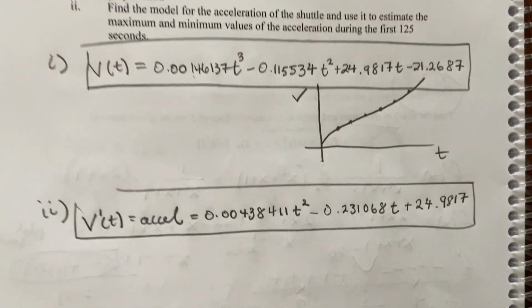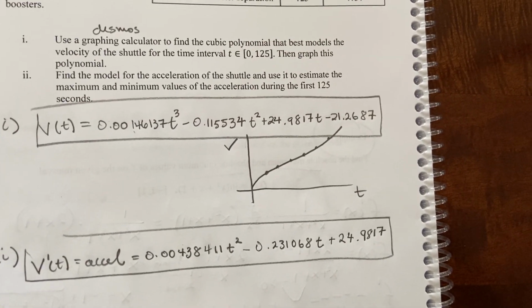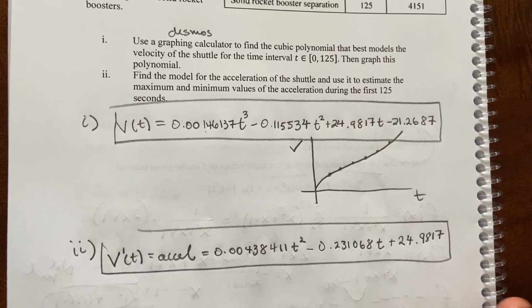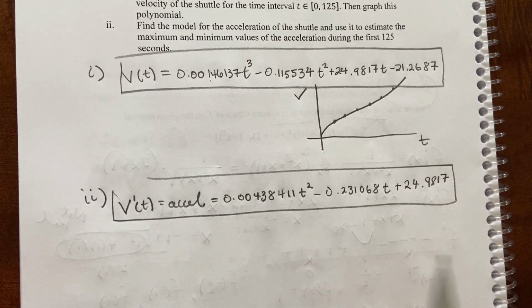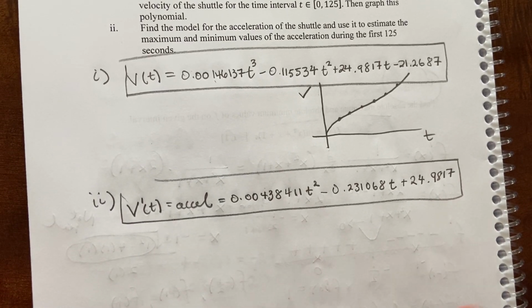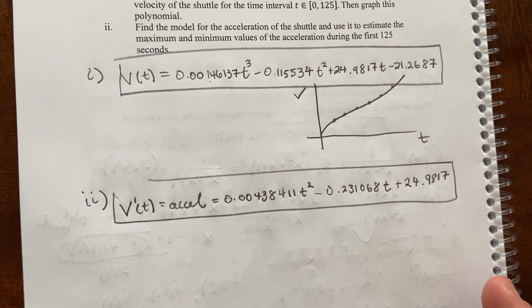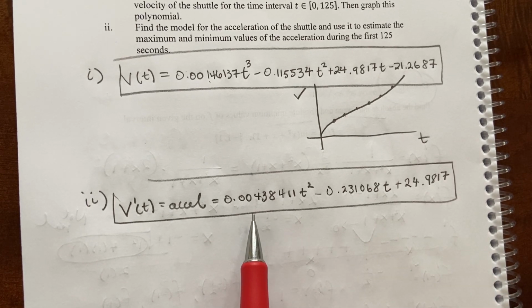So to continue with the problem, what we now need to do is figure out a way of figuring out the min and max of the acceleration. So if you're wanting to find min and max of a function, what have we been doing? We would take its derivative and then set that derivative equal to 0, do a sign chart perhaps, test the endpoints.